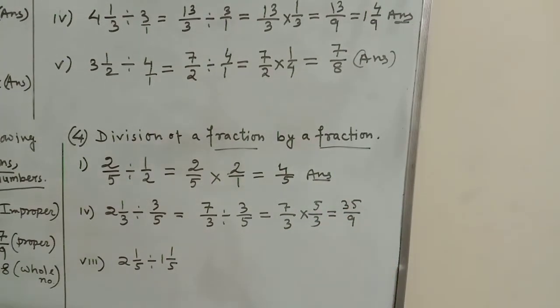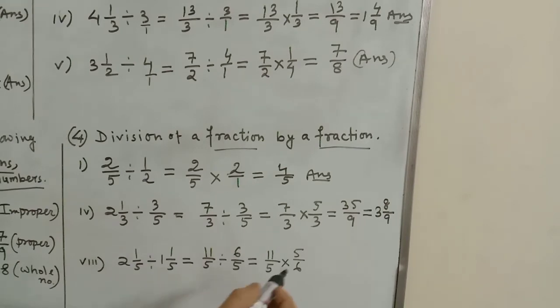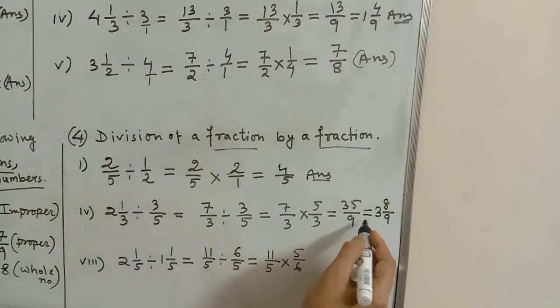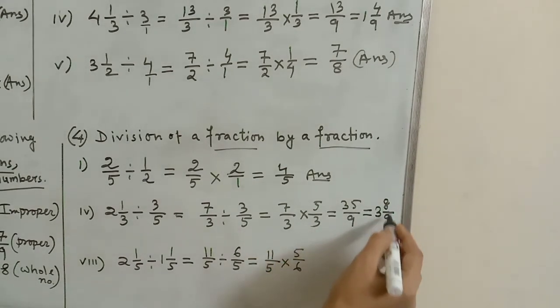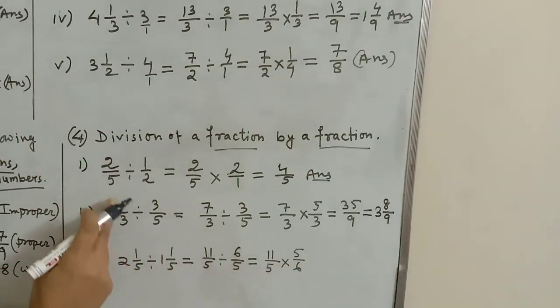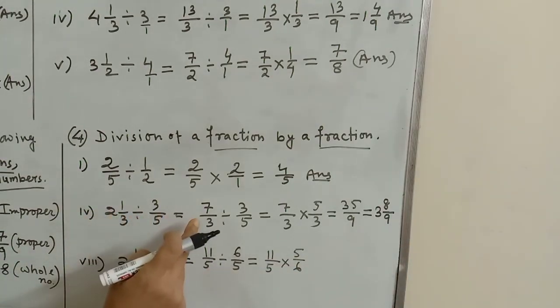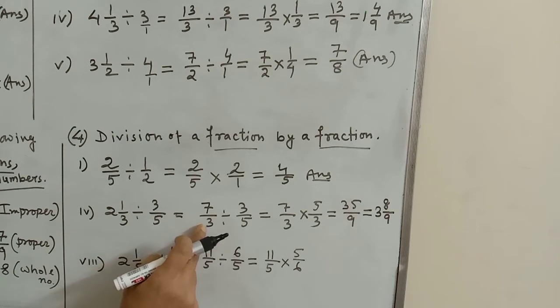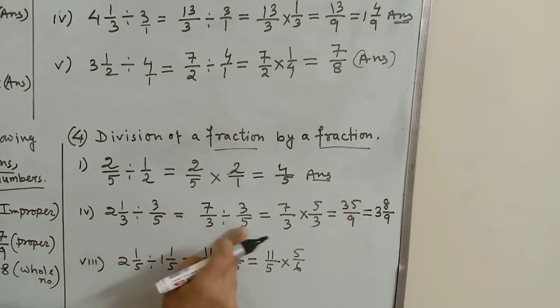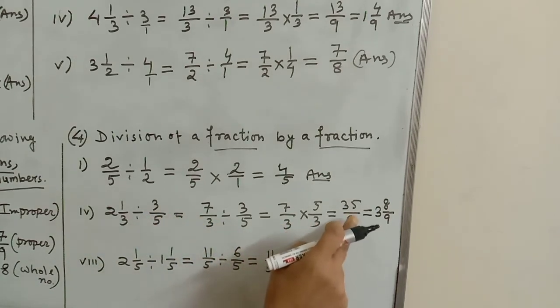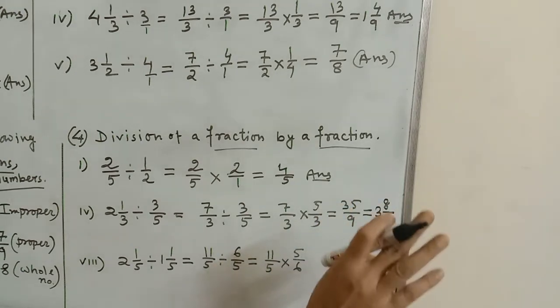Make it a mixed fraction, 3 8 by 9. Mixed fraction, make it an improper fraction, then divide it by the fraction, then make its reciprocal, then as it is an improper fraction, make it a mixed fraction.